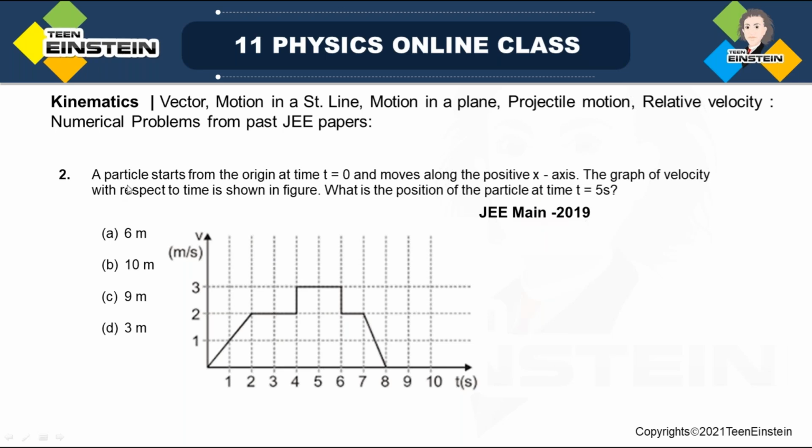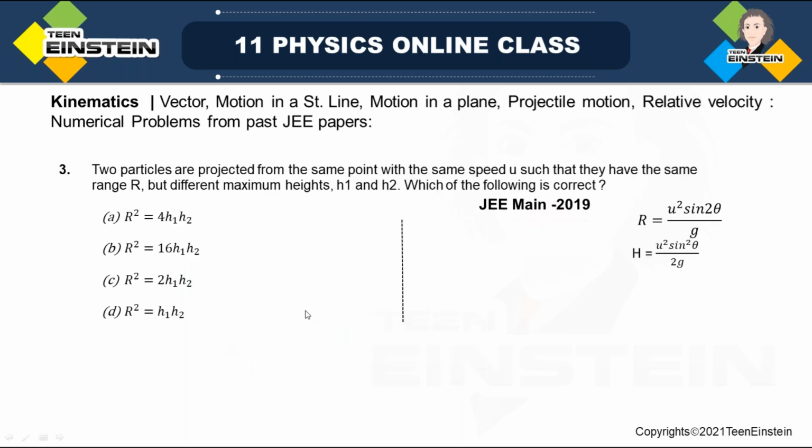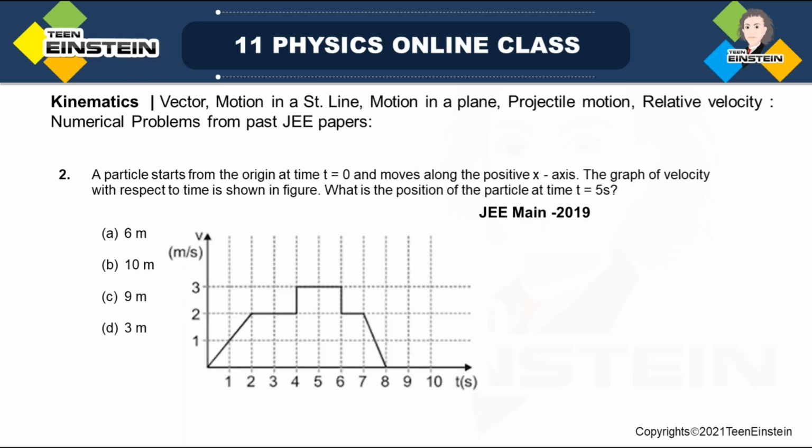So the graph is representing that a particle starts from the origin at t is equal to 0. It is actually a vt curve. Vt means velocity versus time curve. In this vt curve, the particle moves in the positive x direction.